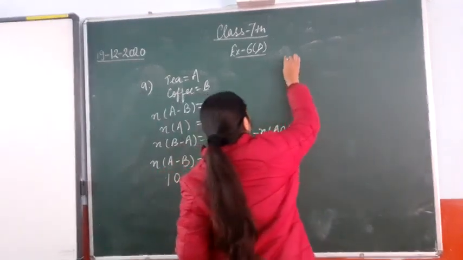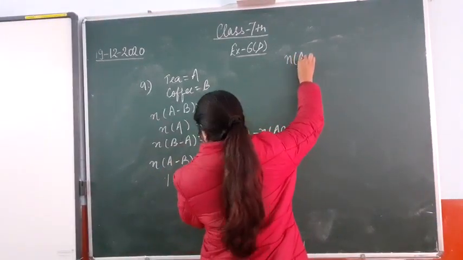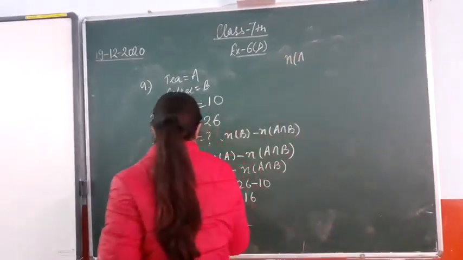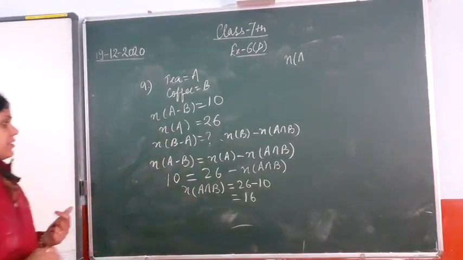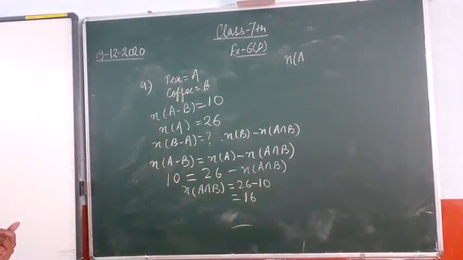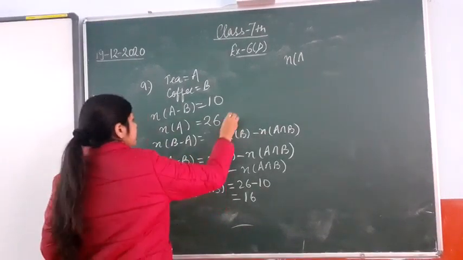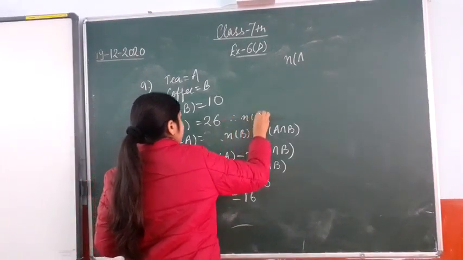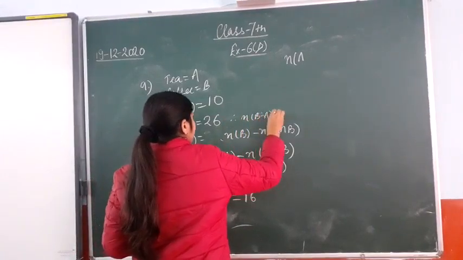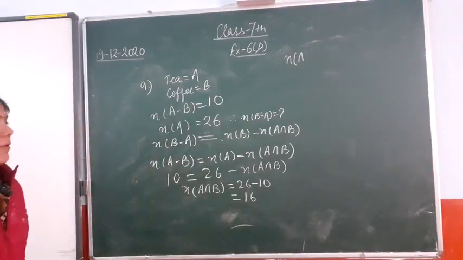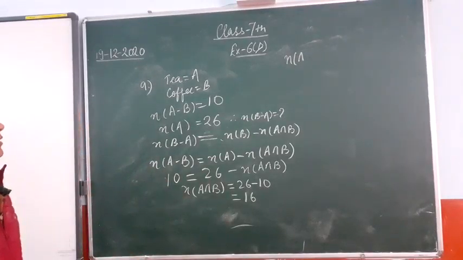Now what do I want? I got A intersection B from here. Now what should be our motto? We want the n(B) value also, but we don't know that.